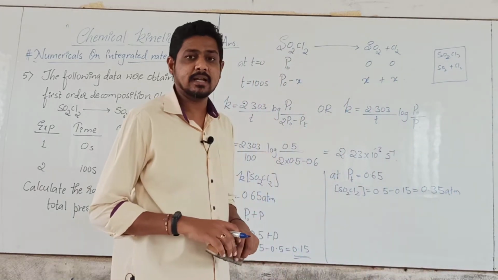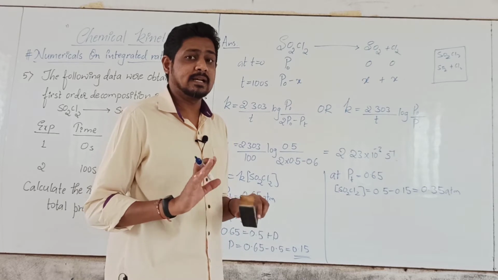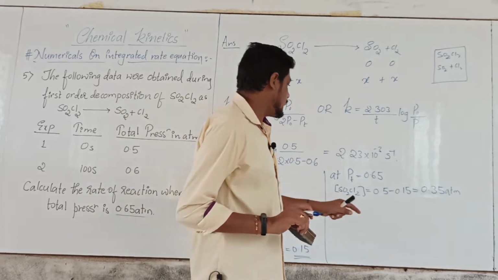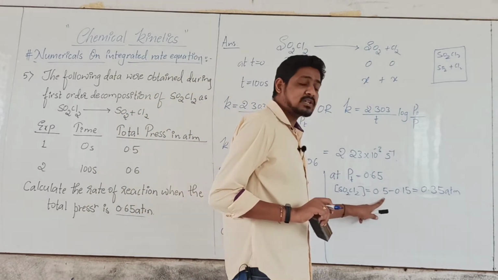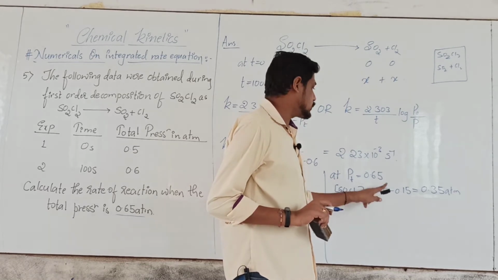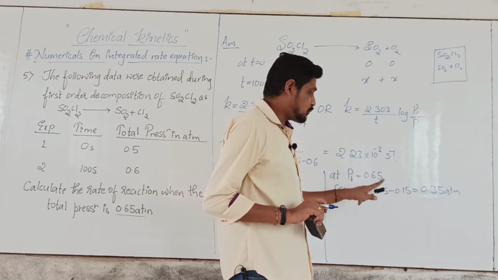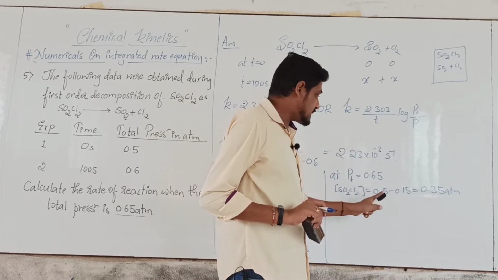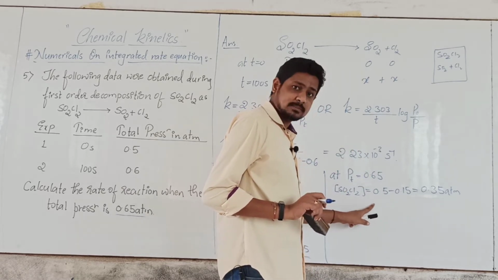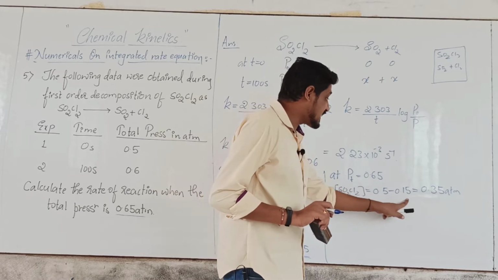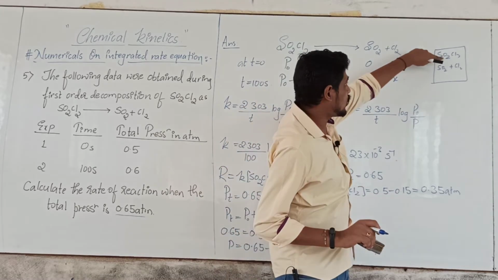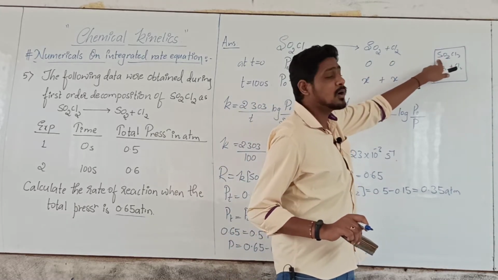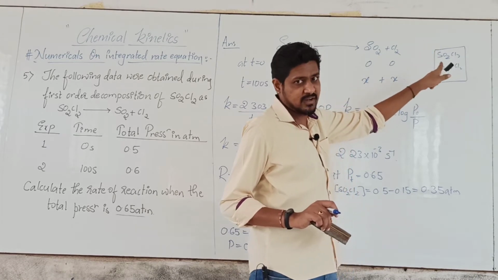I hope you are understanding it. Simple, again I'll repeat. When the initial pressure was 0.5, and now the total pressure is 0.65, the increase is 0.15, which means 0.15 has decreased from the initial. Why? When only sulfuryl chloride was there, the initial pressure was 0.5.